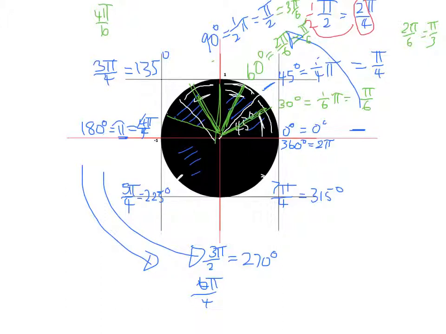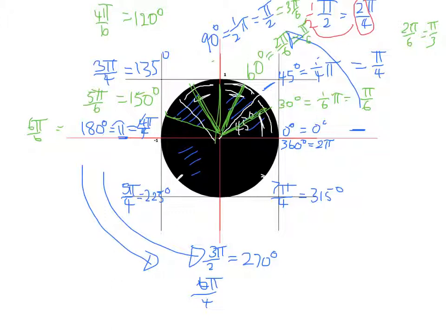So 4 pi on 6 is equal to 90 plus 30, which is 120 degrees. We come around here, the next one I've already drawn, that's 5 pi over 6, which is equal to 150 degrees. And then we come around, we've got 6 pi over 6, which is equal to 180 degrees. And again, the 6 over 6 cancels down to make 1.